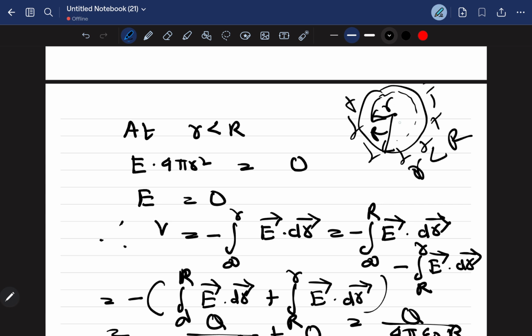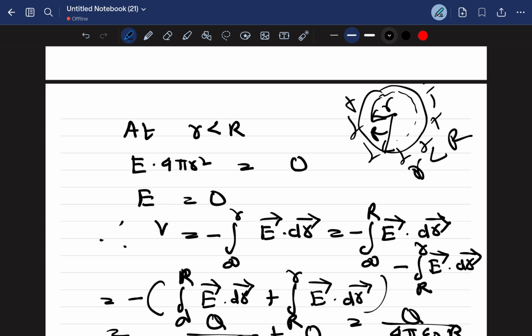So the electric field inside this shell is 0. The electric field always inside a conducting or metallic charged shell is equal to 0.